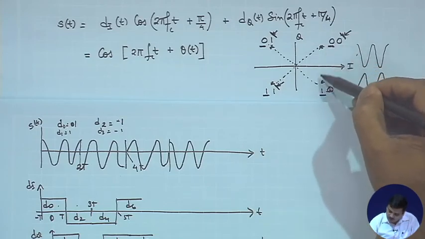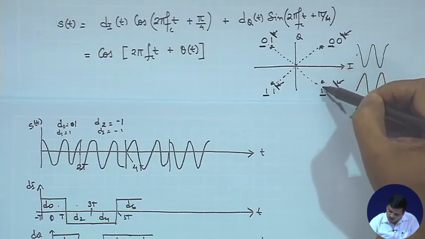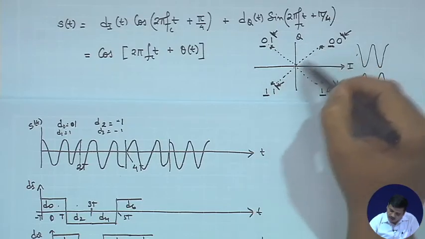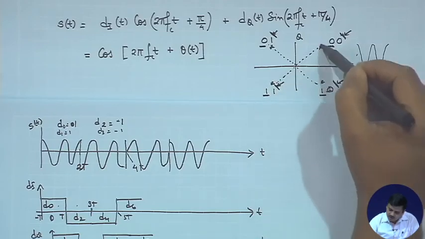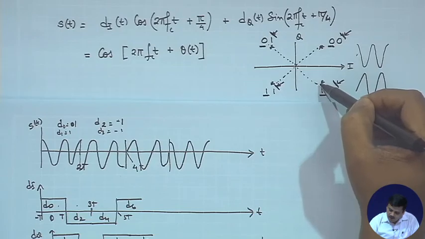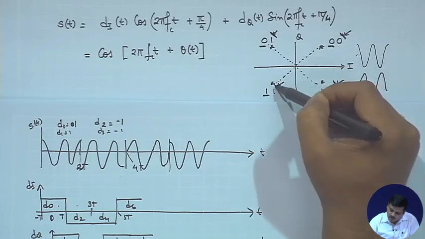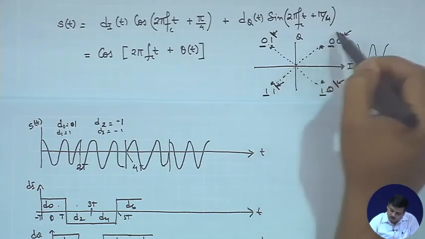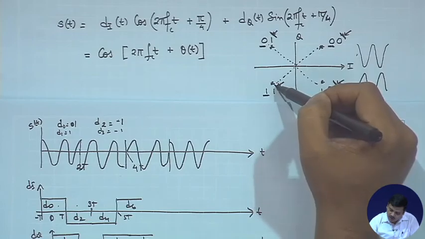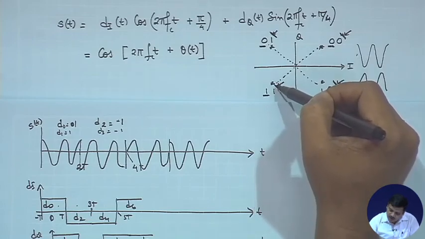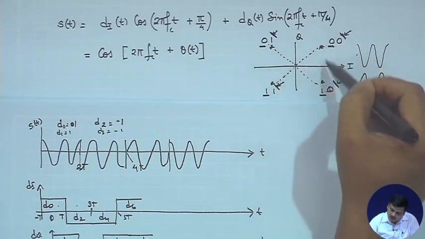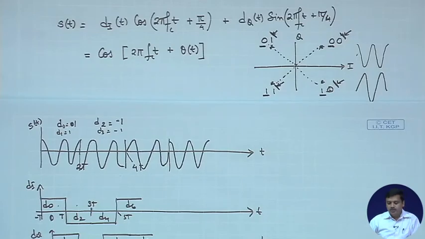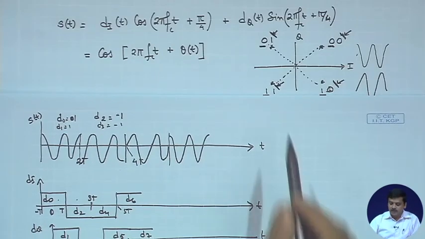So, I would change from 0 to 1. There is no problem over here, you are not going through a 180 degree phase shift, right. You are just changing from there to there, and that means you are going to shift by pi by 2. If now the I remains constant and Q changes, you could go from 0 to this one. So, not both of them are going through 0. And again if the Q remains constant and I changes, you would go there, right. So, like that you are going through a change of pi by 2 and not a 180 degree phase shift that can happen.